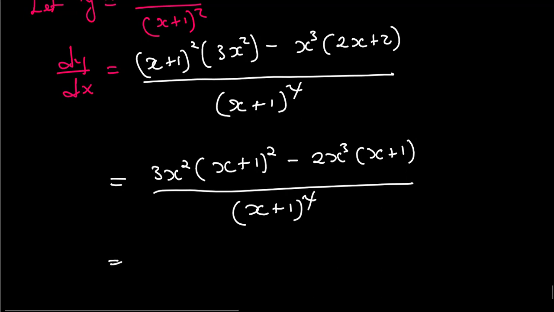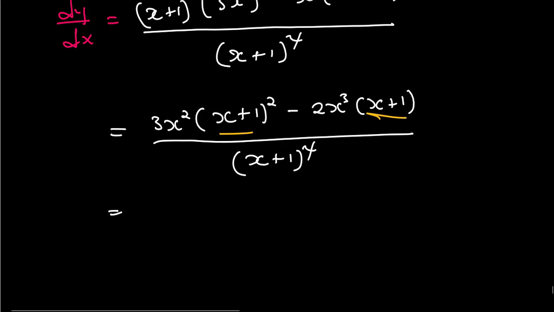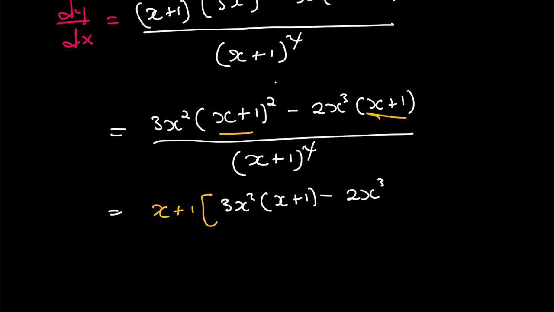So x plus 1 is a common factor, so I'll factor out x plus 1 from these two expressions. What will be left is 3x squared into x plus 1, minus 2x cubed, all of this divided by x plus 1 all of that raised to the power 4.